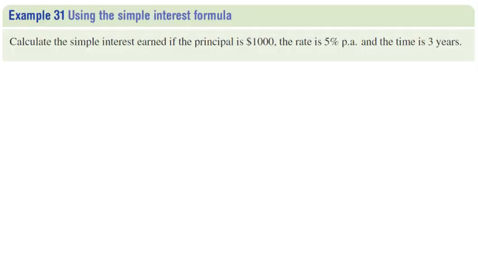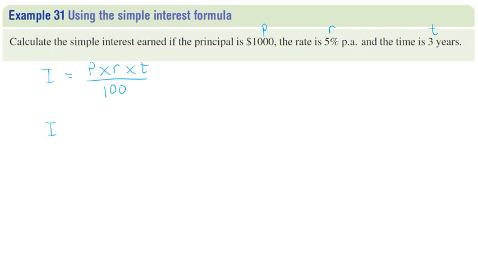Let's do one more example to practice before we move to the next thing. So calculate the simple interest earned if the principal is 1,000. So the P is 1,000, the rate is 5% per annum, so the R is 5, and the time is 3 years, so that's the T. So I write out the formula, I equals P times R times T, divide by 100.